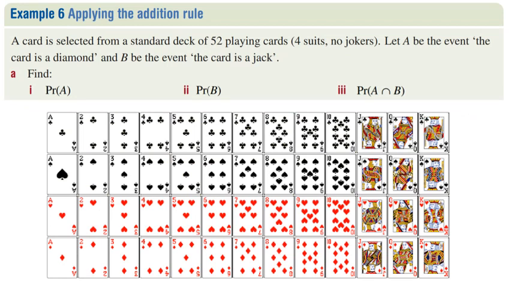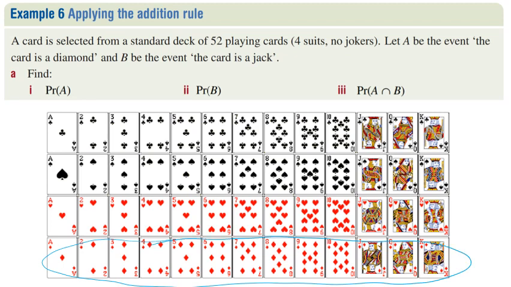Last example. A card is selected from a standard deck of 52 playing cards. Let A be the event the card is a diamond, and B be the event the card is a jack. I put in the deck of cards, but lots of you don't seem to know what they're like. The probability of A is that the card is a diamond. These are all the diamonds.